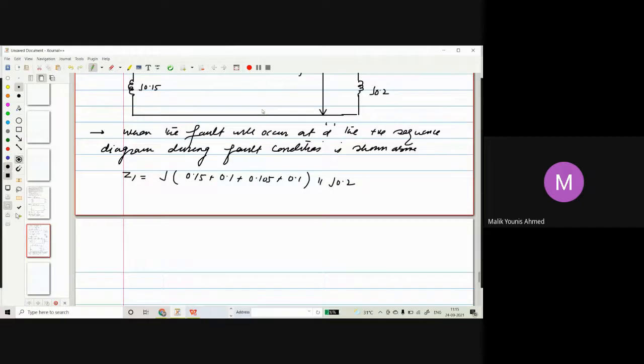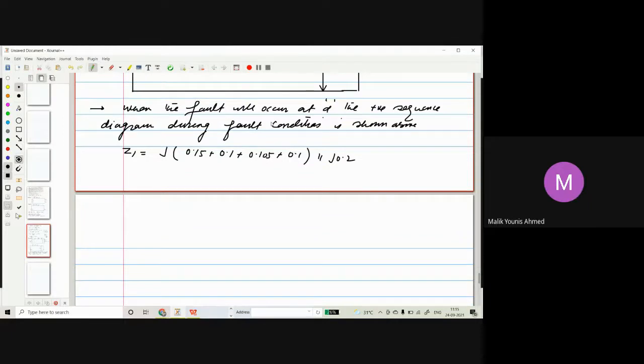So that is called the equivalent positive sequence impedance, Z1. That is your Z1.